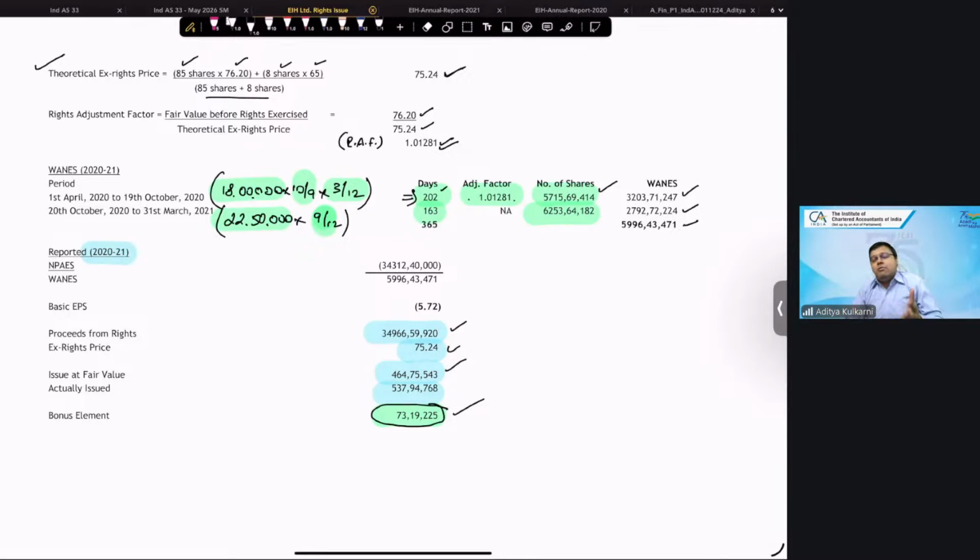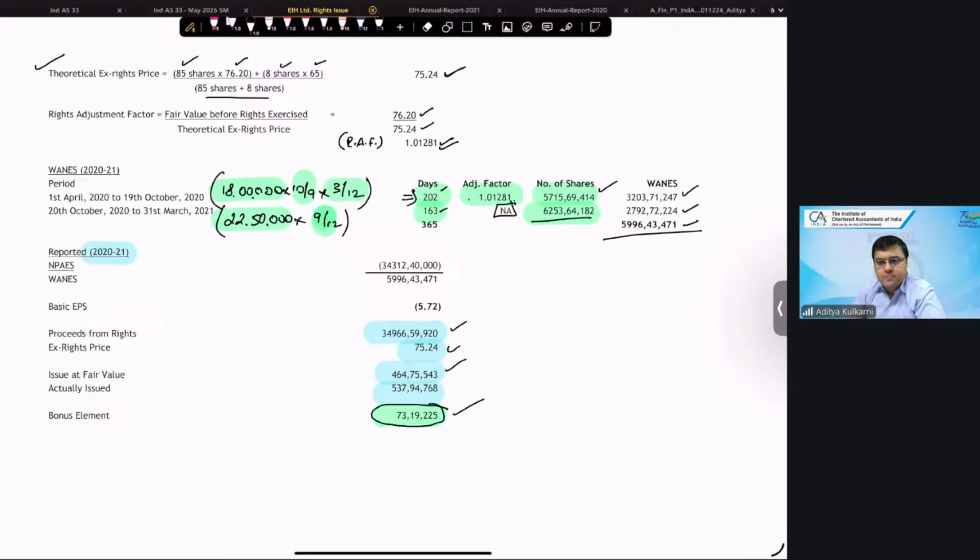You can calculate from 1st April till 19th October, it comes to 202. And the balance will be 163 days. Here no rights adjustment factor because this is based on the number of shares. So after considering this, the total number of shares is 59 crore 96 lakhs, which we are considering as the weighted average number of equity shares.